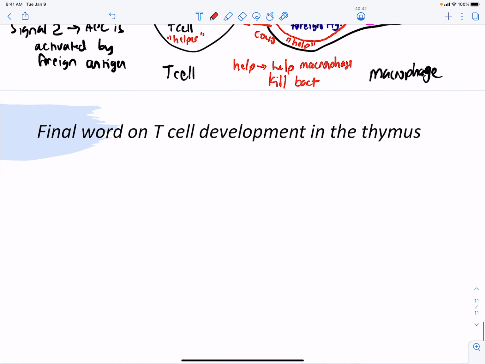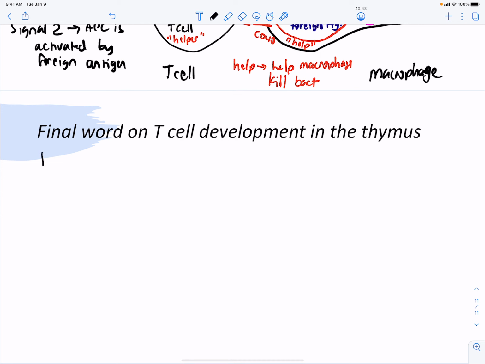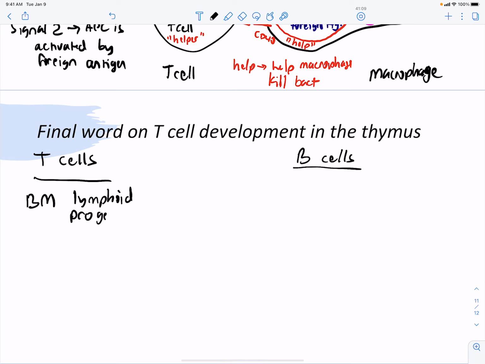Okay, so just a little bit more about your T cells that are different from your antibodies. This is just very vague, we'll go over this in more detail in future lectures. So we have T cells here, and we have our B cells, which we just talked about in the prior lecture. Our T cells are going to come from the bone marrow, the lymphoid progenitor cell, which of course came from the pluripotent stem cell.